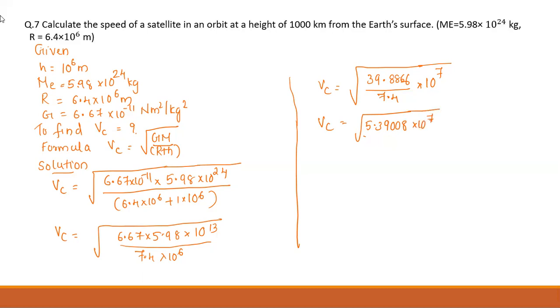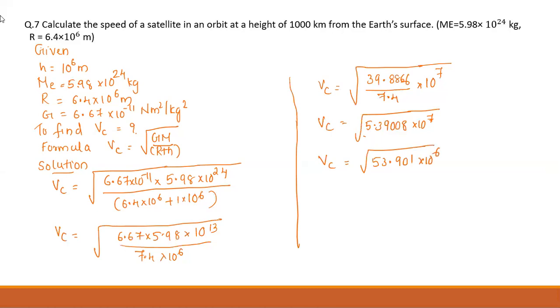If in the power of 10 an even number is coming, it is easy to take the root. This you can solve using logarithm table also. That will be very easy. On taking root of 5.39, first we will adjust and write this as 53.901 into 10 raised to 6.